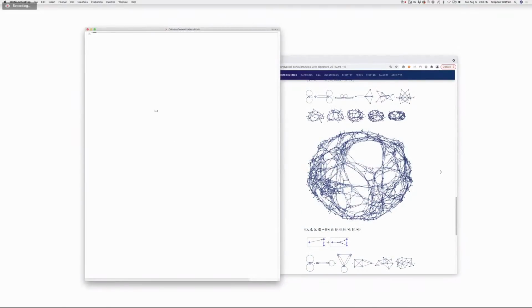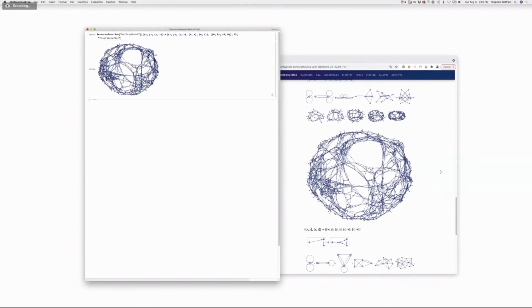So we've got this structure that we claim limits to something. And the question is, how do we do the analog of calculus on the limiting object here?